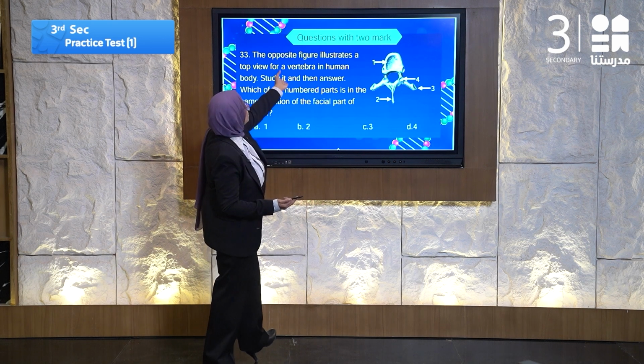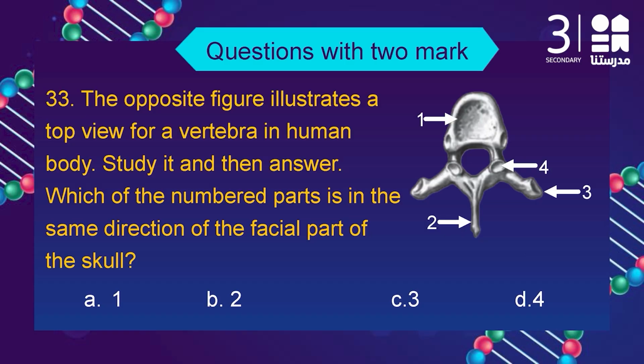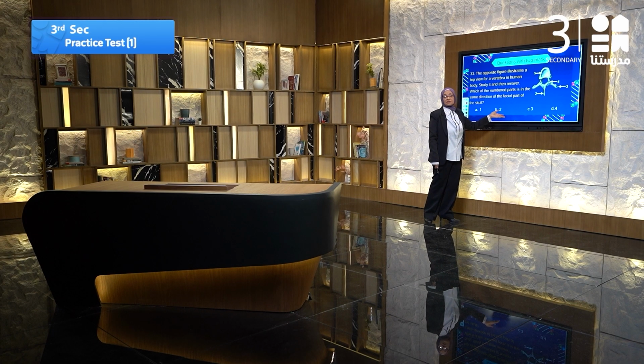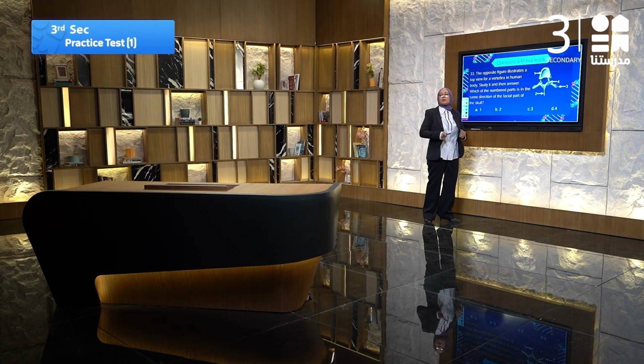Question 33 speaks about the opposite figure, which illustrates a top view of a vertebra in the human body. Study and then answer. I like the vertebral column. It supports our body.